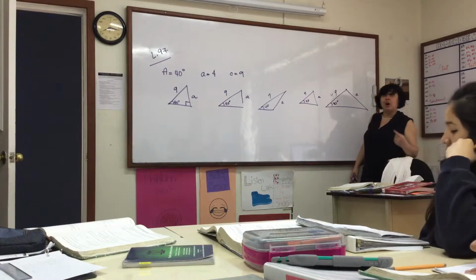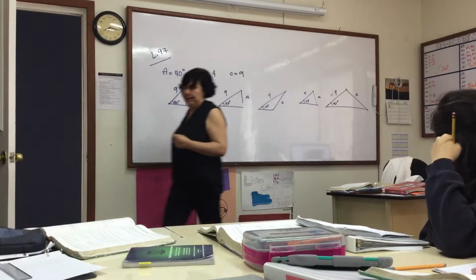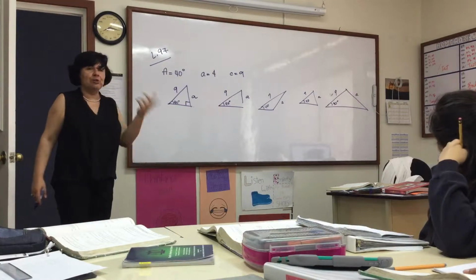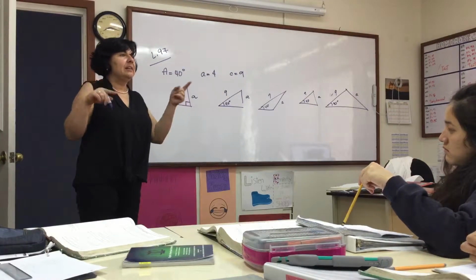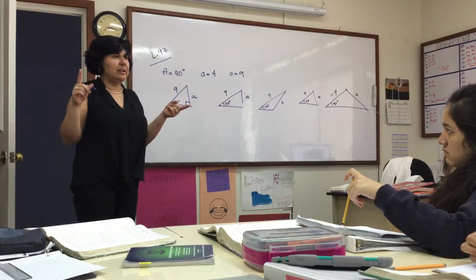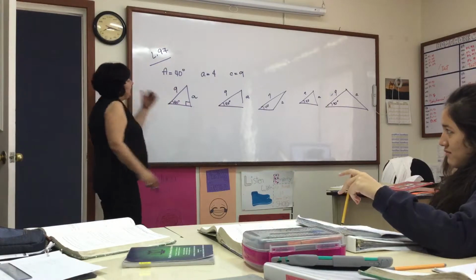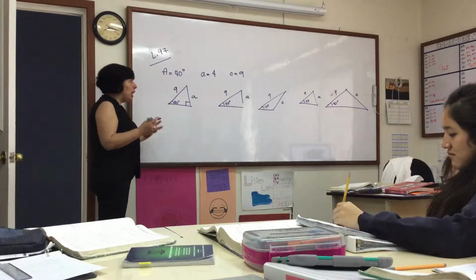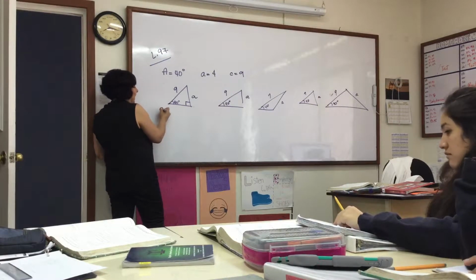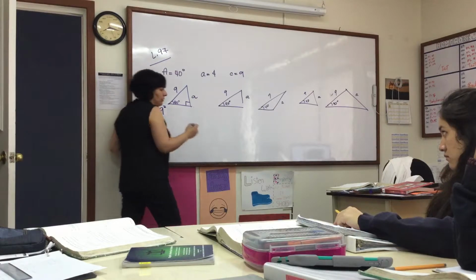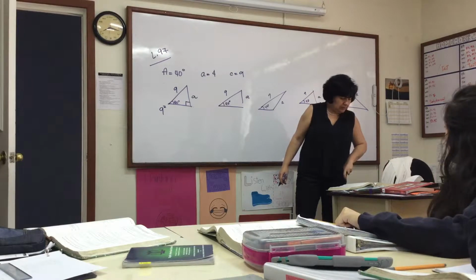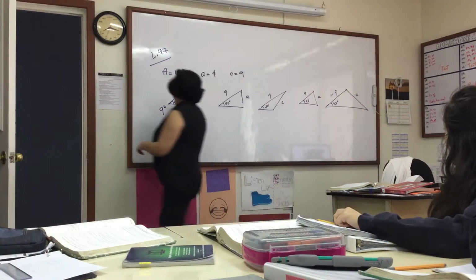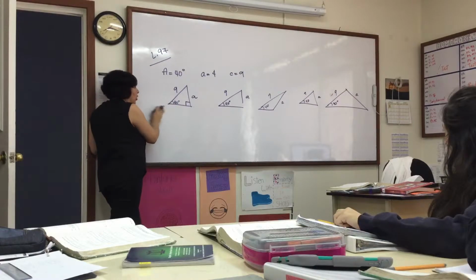We start out with the obvious one, which is the 90-degree angle. Why? Because, thanks to the Greek dude, whose name I always forget, the one that related the sides and the hypotenuse, Pythagoras, thank you. Pythagoras gives us something really concrete. If this is a right triangle, we know by definition that this is the opposite.